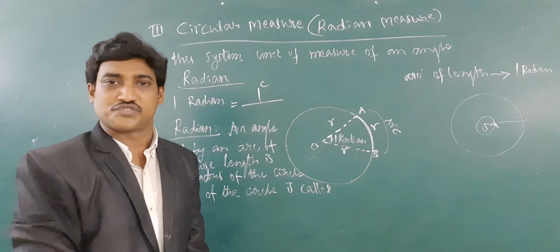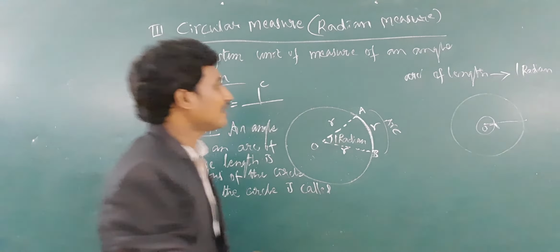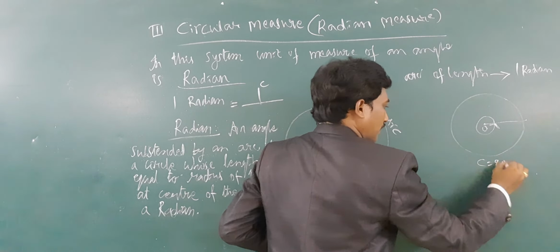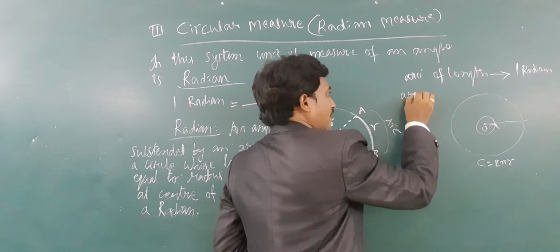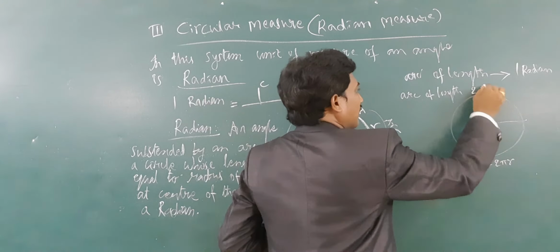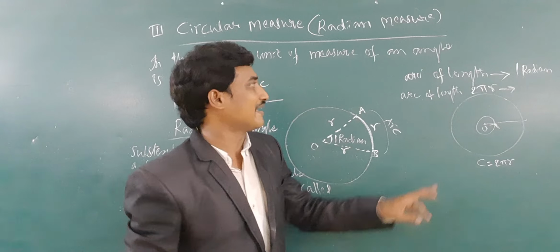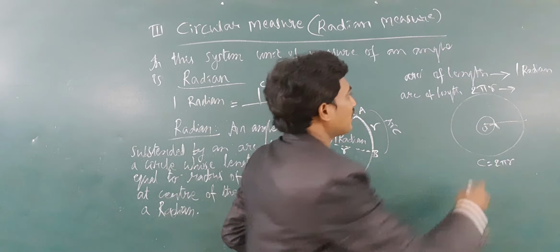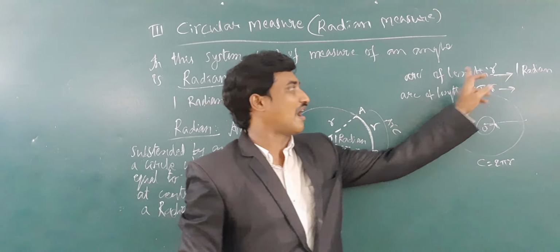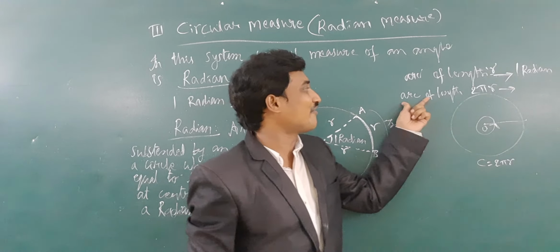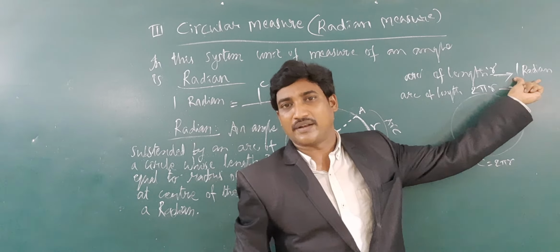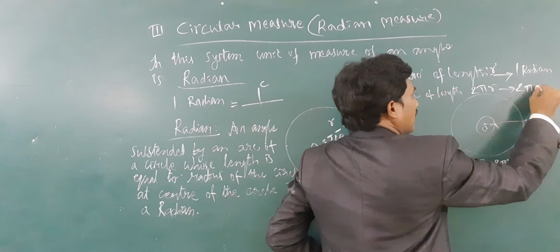Let us express it in circular measure. Here we know the circumference of the circle is 2 pi r. Arc of length r makes 1 radian. Arc of length 2 pi r makes the angle 2 pi into 1 radian, that is 2 pi radians.